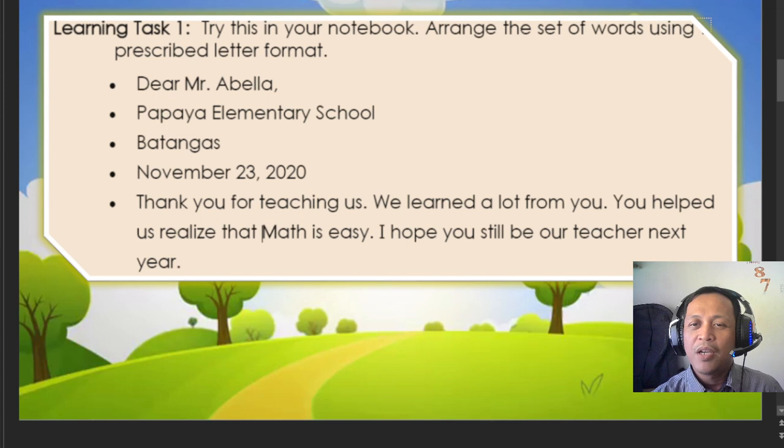Then we have the body of the letter, the closing remark, and the signature. Again, we have the heading, the greetings, the body of the letter, the closing remark, and the signature. What we have here are parts of the letter, but they are not yet properly arranged.